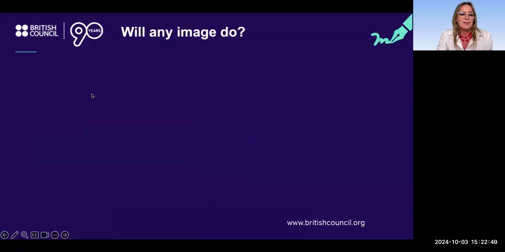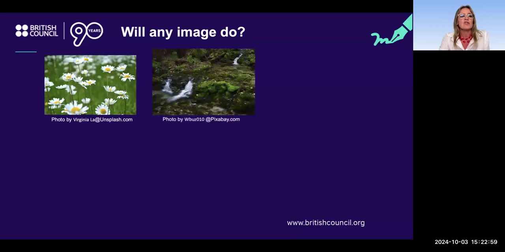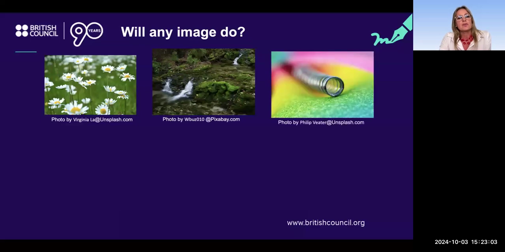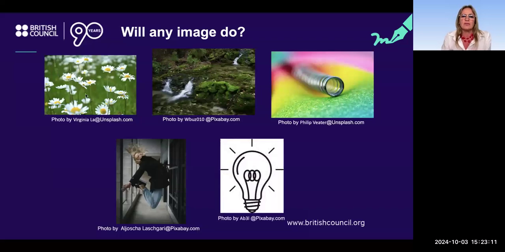When we choose images, do you think any image will do? I'll show you some pictures. So for example, spring as in the season, spring as in water coming out of the ground, spring as in the metal spring, spring to life, or spring to mind.